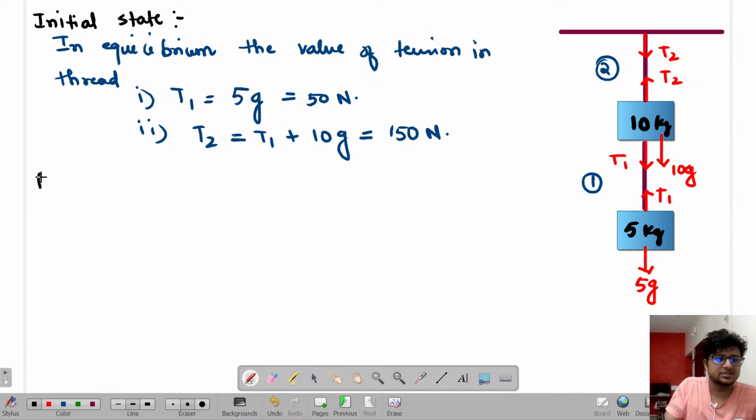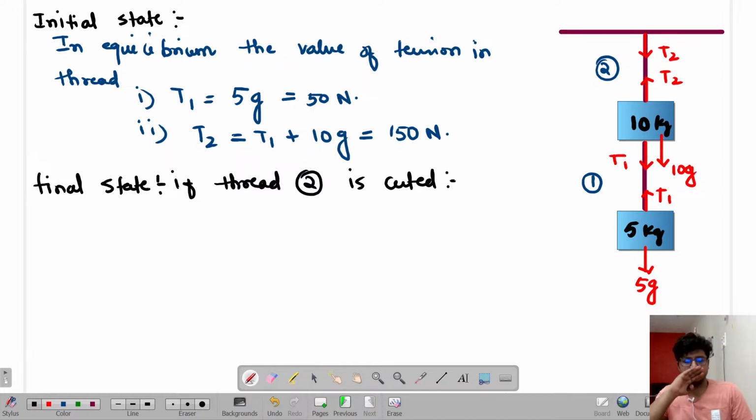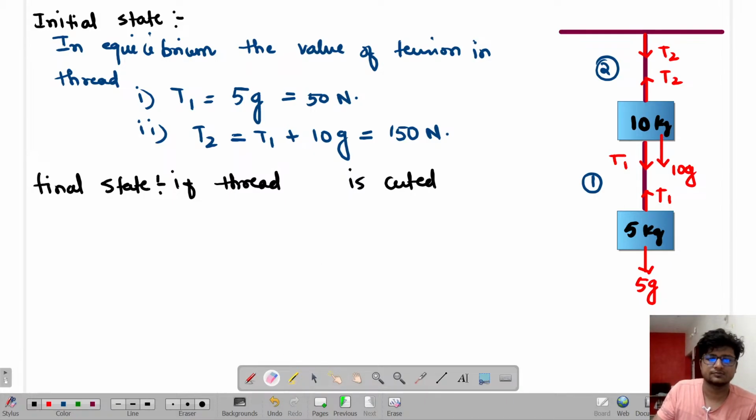What I'm doing in the final state: if thread 1 is cut, not thread 2. What I'm doing is I cut this thread 1. When I cut this thread, what will happen?